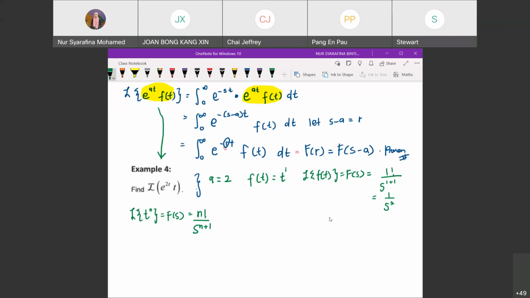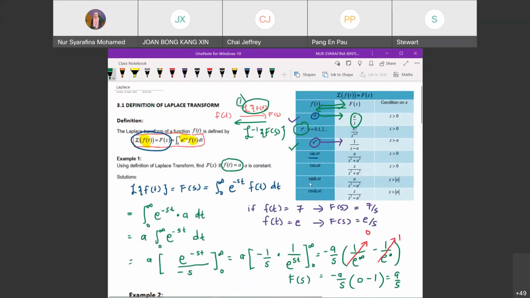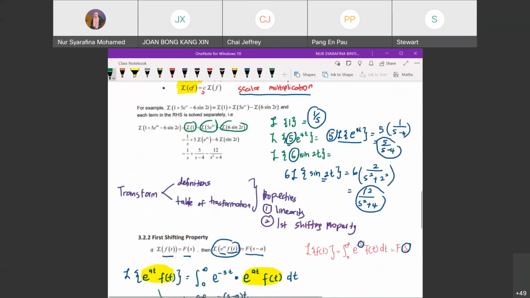And you know that this n equals to 1. So it will become 1 factorial over s to the power of 1 plus 1. So the transformation of t becomes 1 over s squared. Is that clear, everyone? Where does this come from? This comes from the table of transformation here. The third one and the second one.